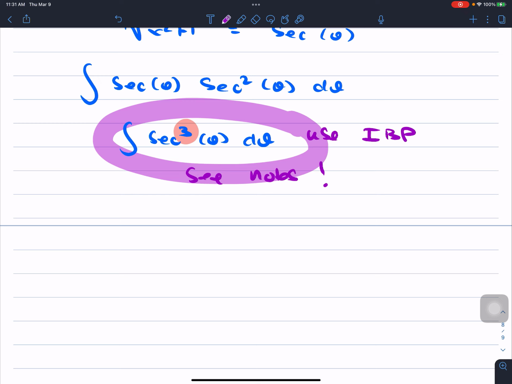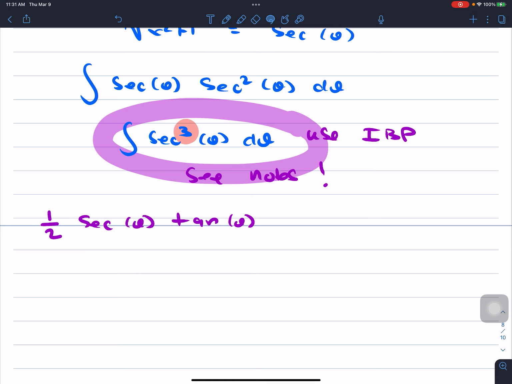What is this? Wasn't it like 1/2? Was there a 1/2 there? 1/2 what? 1/2 secant theta, tangent theta. Is that right? Double check.